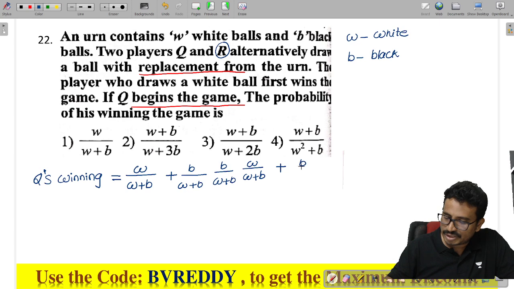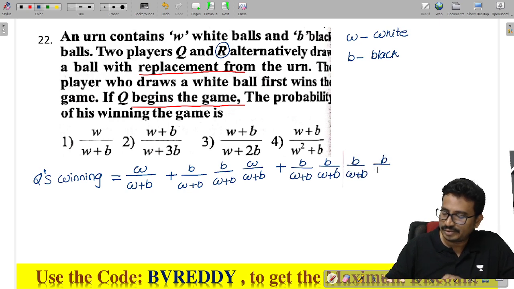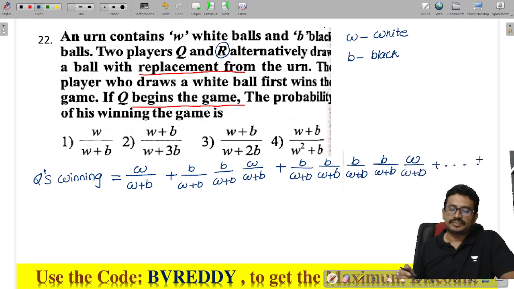For that, the first time Q has to fail, the first time R has to fail, and the second time Q has to fail, R has to fail, and the third time Q has to win. Isn't it? Like this it will continue.